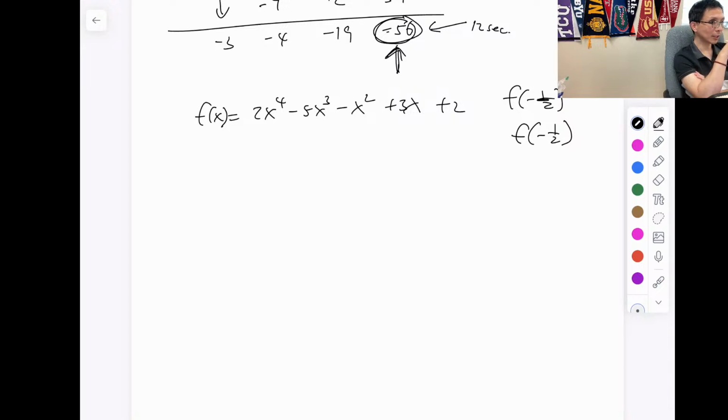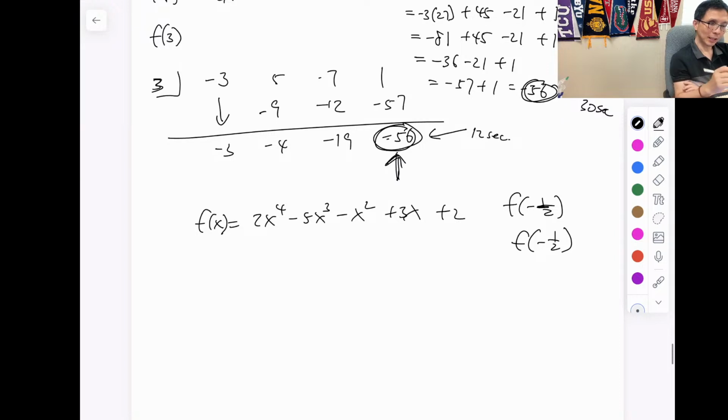You don't change the sign, just keep it negative 1/2. Do you see that it's like plugging in 3? I just do long division with 3. Then you got it?